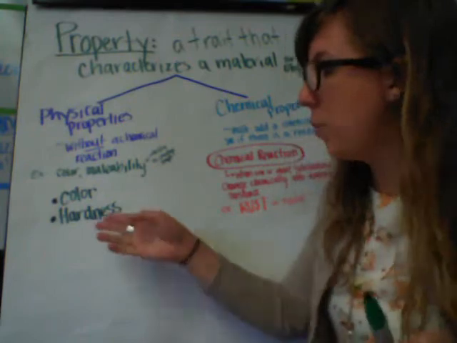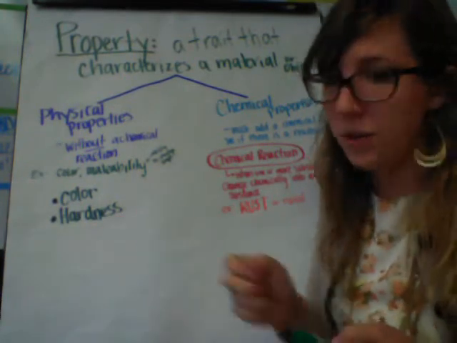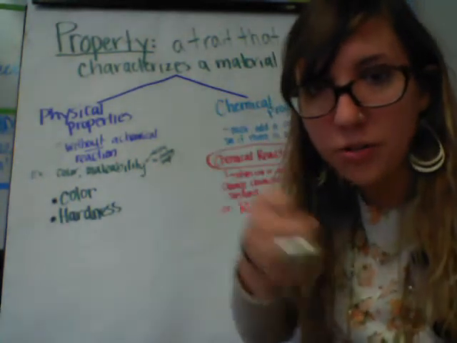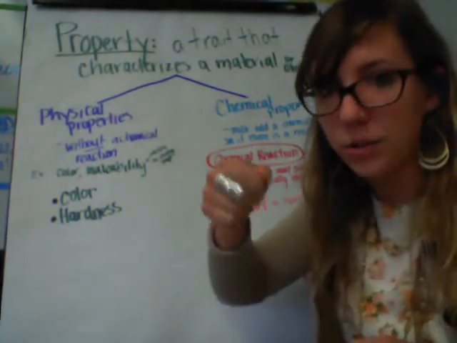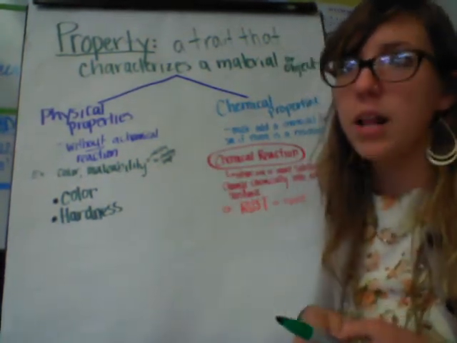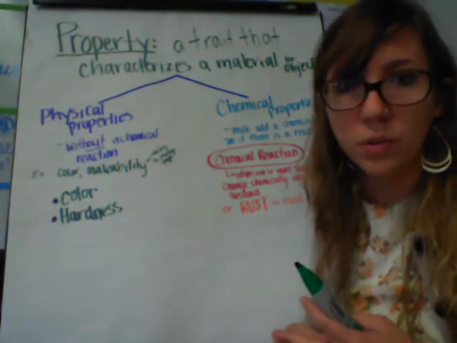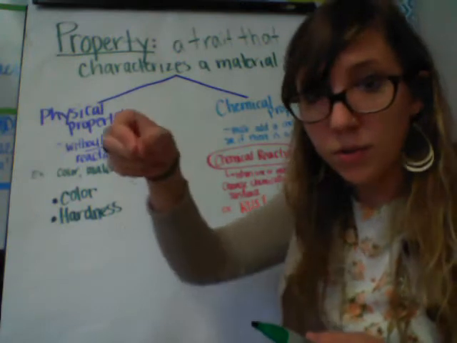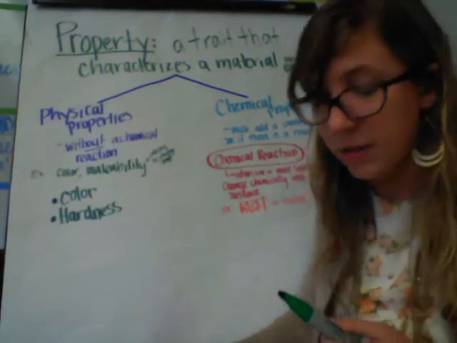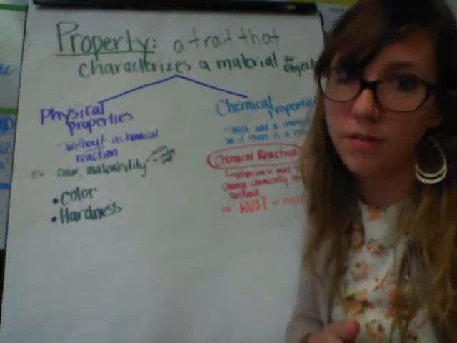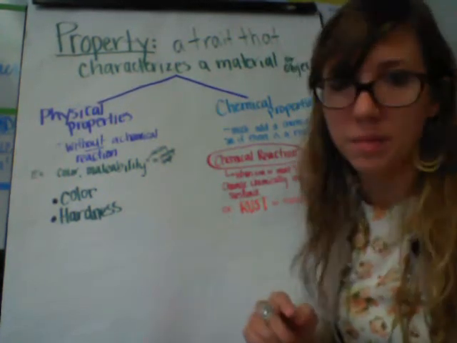If you take, for example, a penny, it's really hard to scratch it using your nail and make a mark. But there are other materials that if you scratch with your nail, you can see that you make a mark. So that would be a softer substance as opposed to a harder substance.